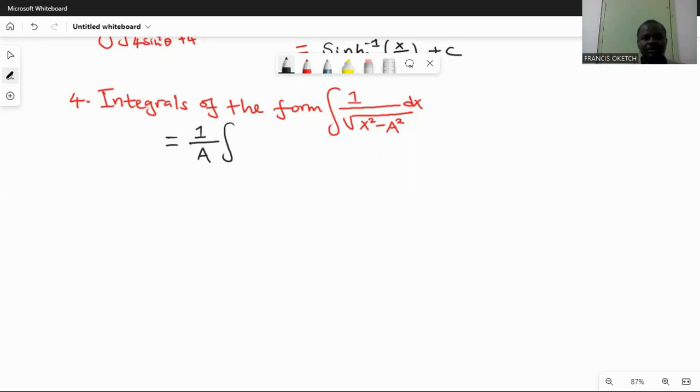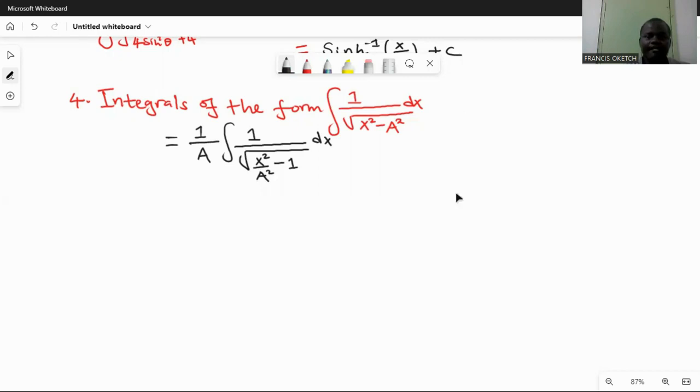So this will be the integral of 1 over the square root of x squared over a squared, then minus 1, and integrate that with respect to x.